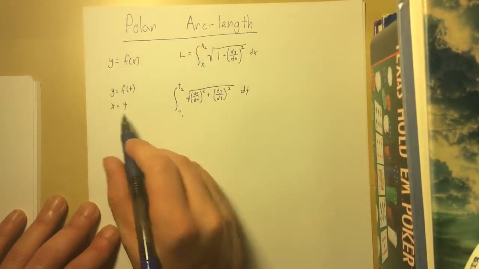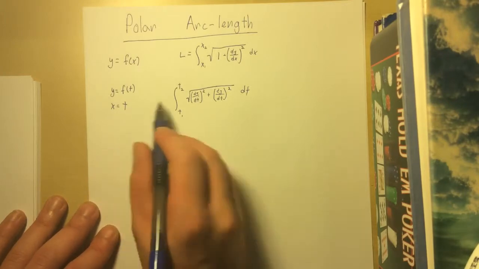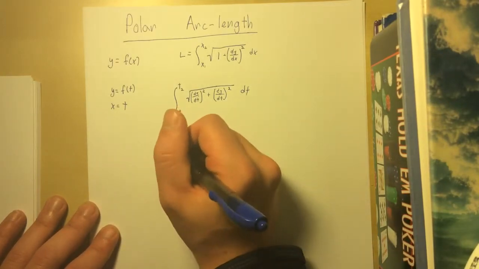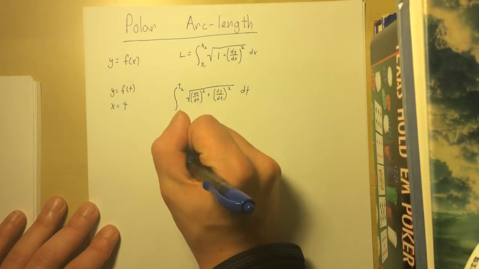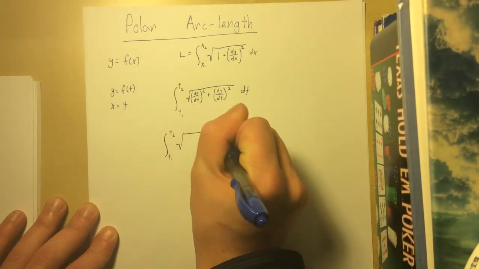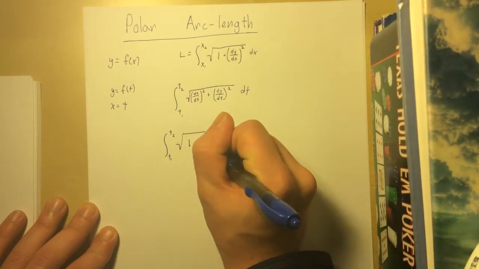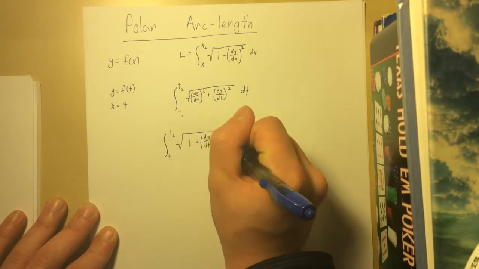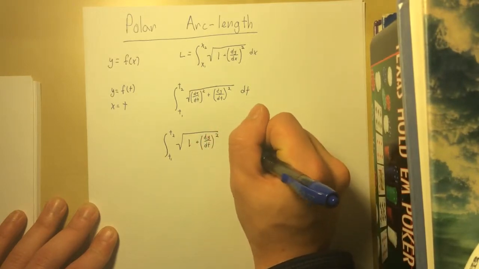Notice that dx dt, the derivative of x with respect to t, is just 1, so we're left with the integral from t1 to t2 of the square root of 1 plus dy dt squared dt.